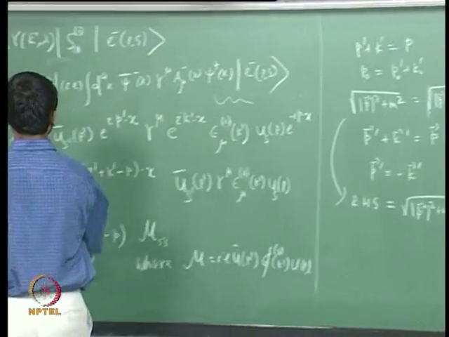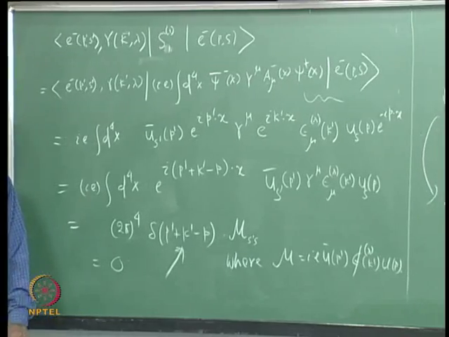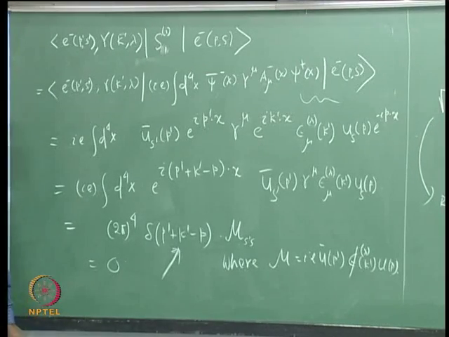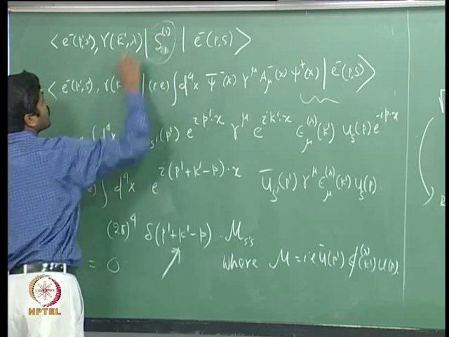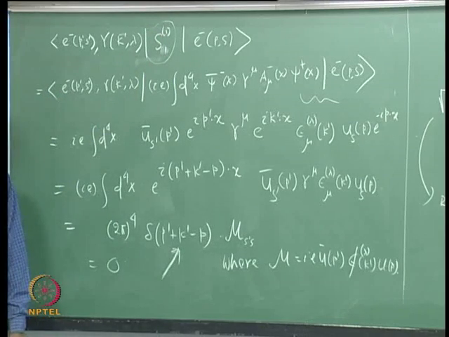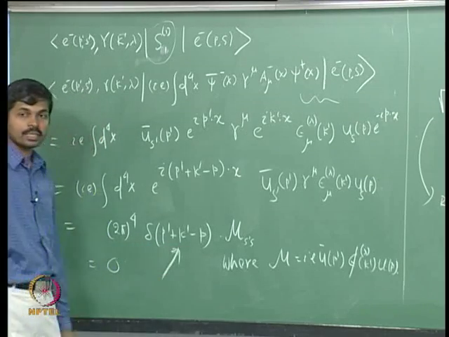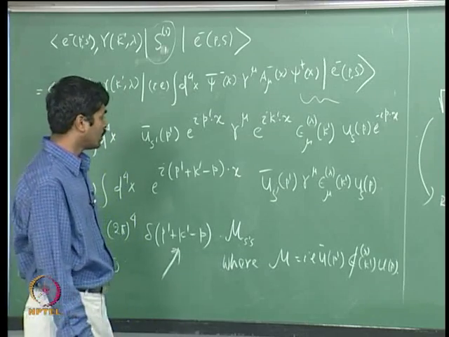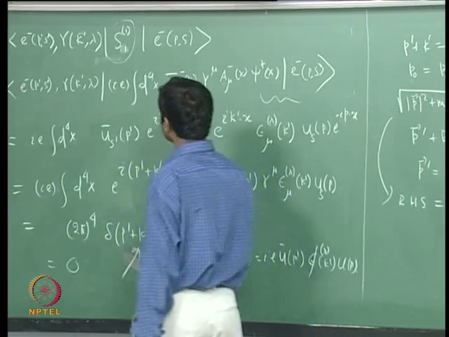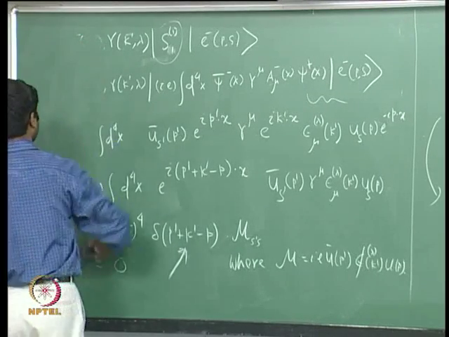So, you can try to consider other possibilities in the S matrix, and you can see that this first order term does not give any contribution at all, because you will always get a delta function like that, and you will see that it will never be satisfied. So, there is no physical process to which the first order term in the S matrix gives any contribution.